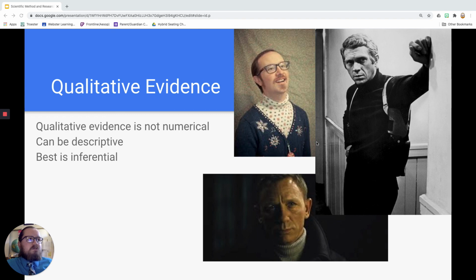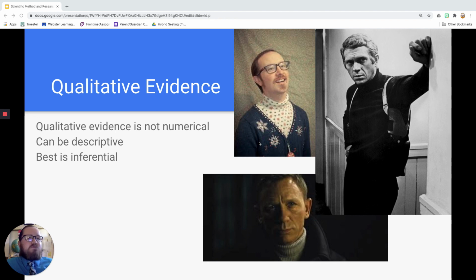What's the difference? Why can these guys pull it off and this guy can't? We can't assign numbers to the success of Steve McQueen's turtleneck wearing or Daniel Craig's turtleneck wearing and this guy's turtleneck wearing. There's no basis for that. I don't know how to quantify pulling off the turtleneck look.